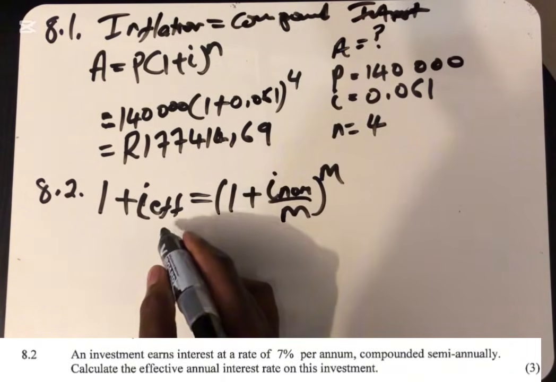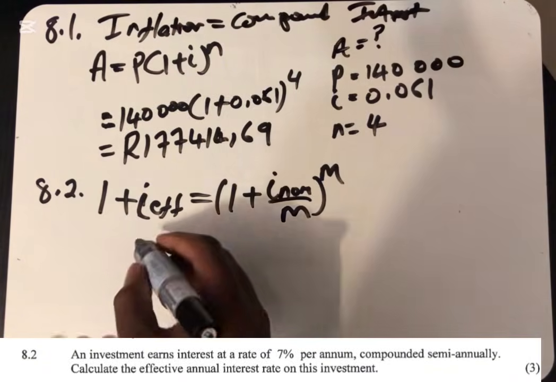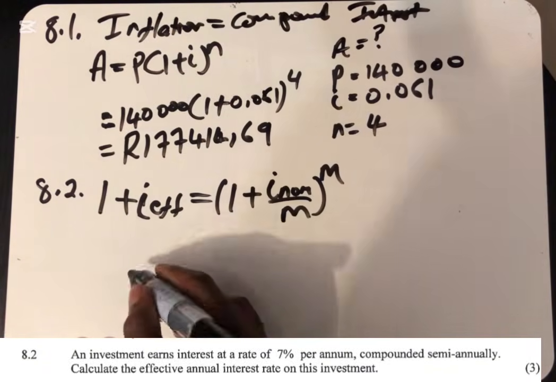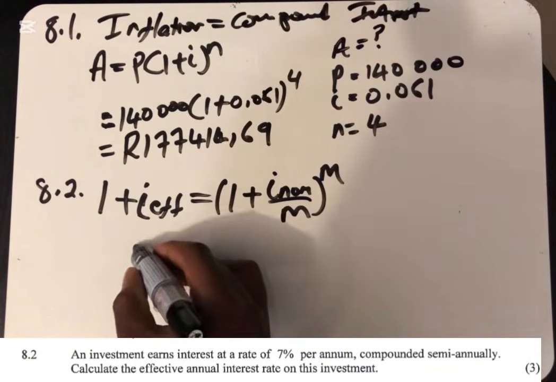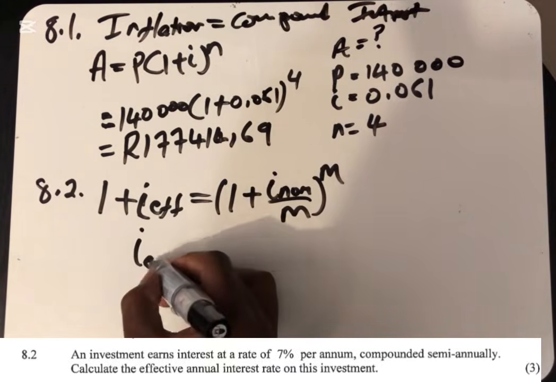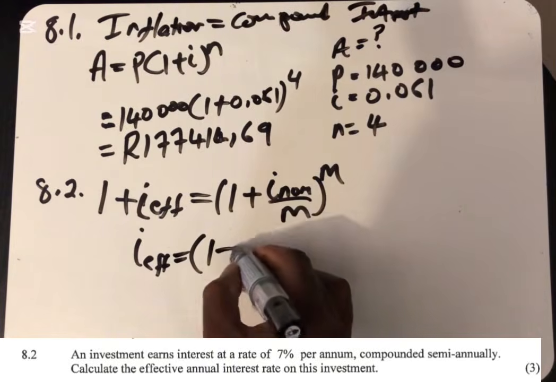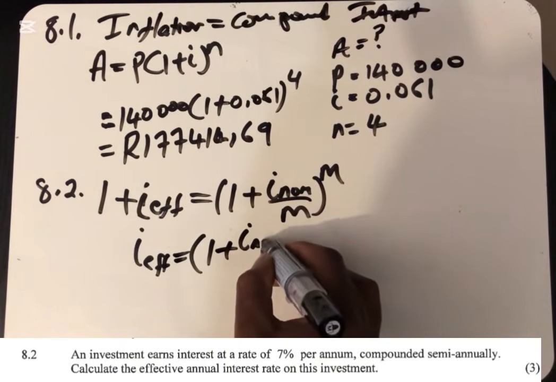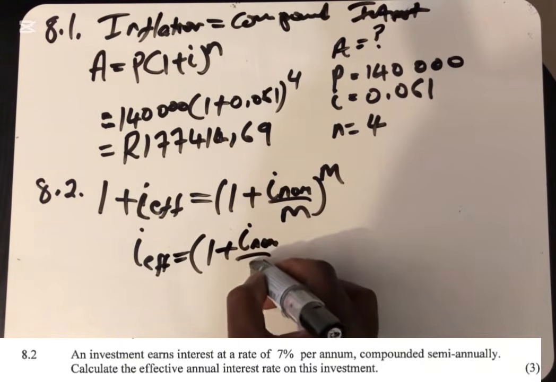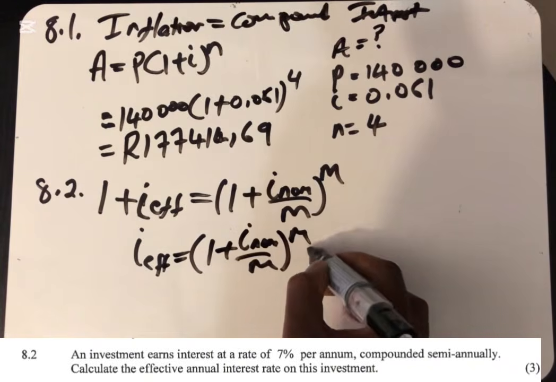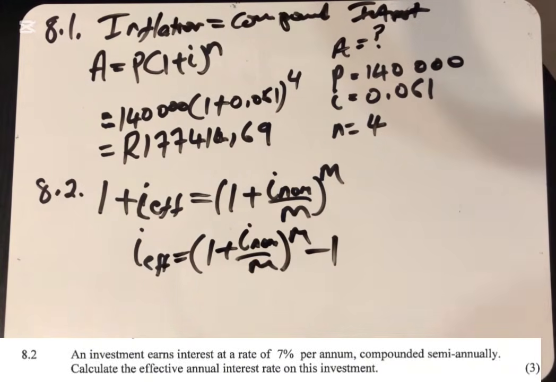This i_eff represents the effective interest rate. We are now going to make this the subject of the formula by saying i_eff is equal to, you open the brackets, 1 plus i_nom over m, to the power m, minus 1. You transpose 1 to the other side.